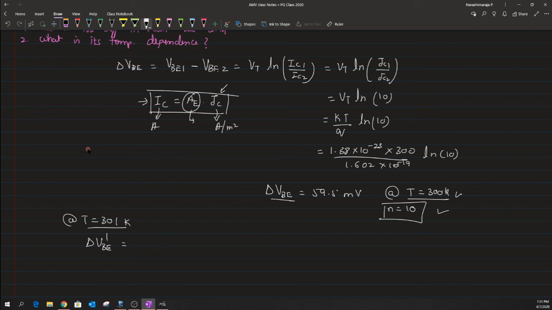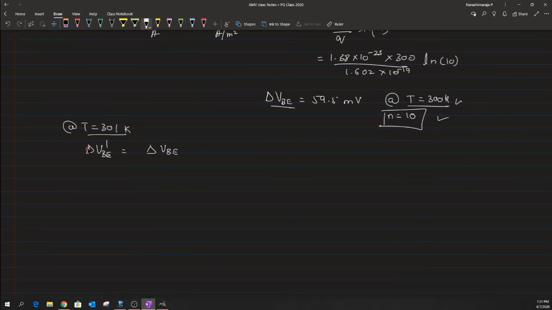So having said that, it's simple math. We just need to substitute the value of delta VBE evaluated at 300 Kelvin and multiply it with the temperatures. At the top we will be using 301, which is what we wanted, and at the bottom we will be using 300 Kelvin. This expression would give us the value of delta VBE at 301 Kelvin.